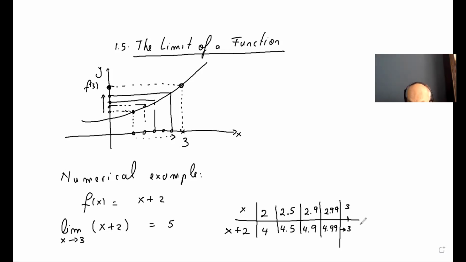So when I get values of x getting very close to 3, and I calculate the values of x plus 2, I'm going to say that the limit of x plus 2 as x is approaching 3 is equal to, I'm sorry, folks, the value is not getting close to 3, it's getting close to 5 here, right? 4.9, 4.99, of course, close to 5. So I'm going to say that the limit there is going to be 5.